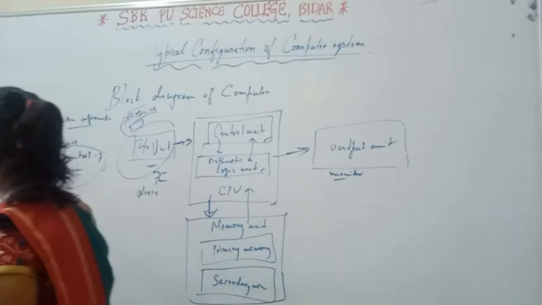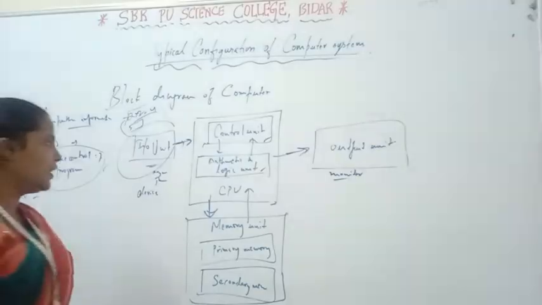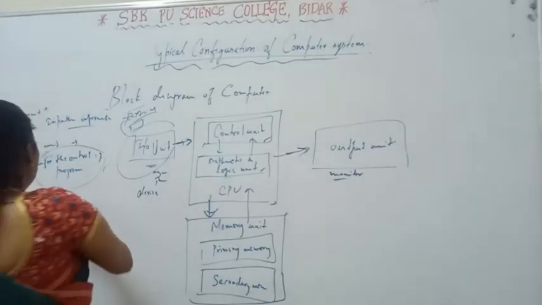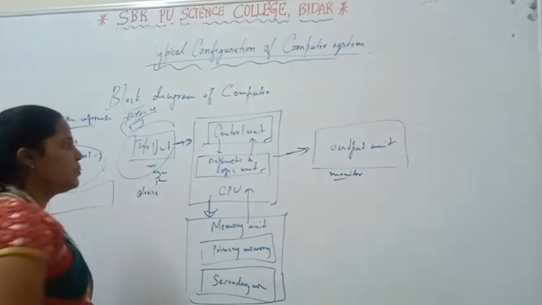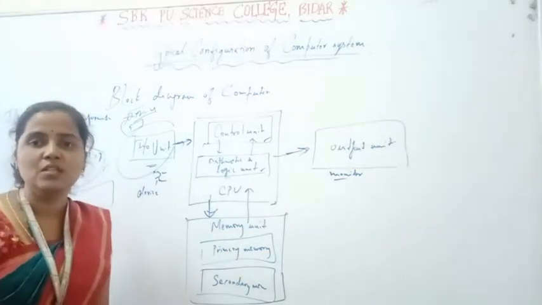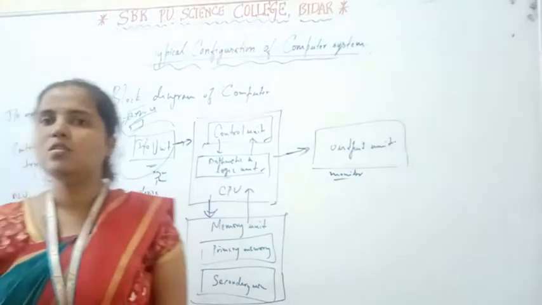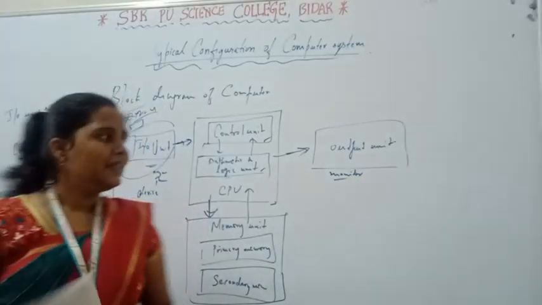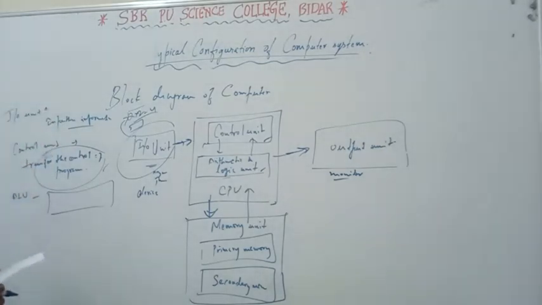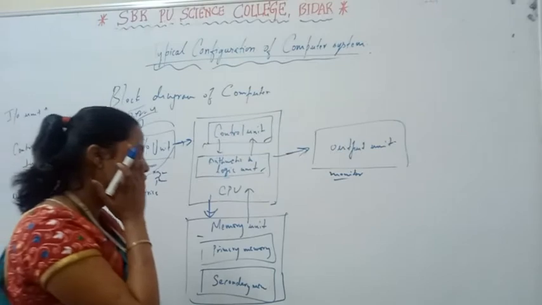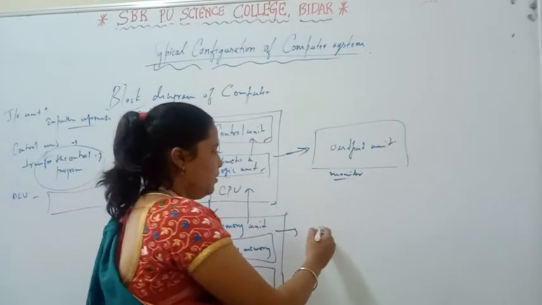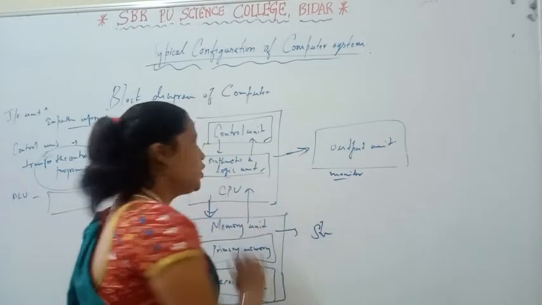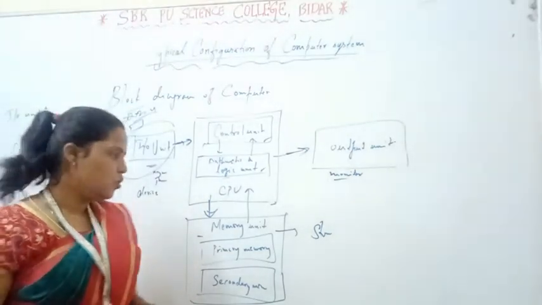Okay. Next, ALU. ALU means arithmetic and logical unit. So here the processing of data takes place. Arithmetic and logical unit means addition, subtraction, all those operations will be performed by this ALU. Okay. Next, memory unit. This memory unit will help to store the data. Whatever data you are going to give, it will store the data.